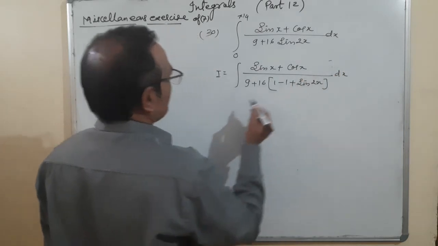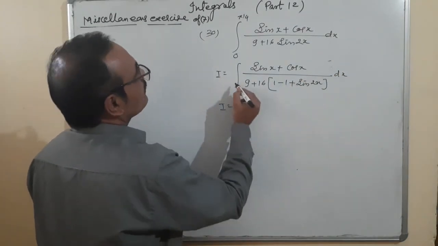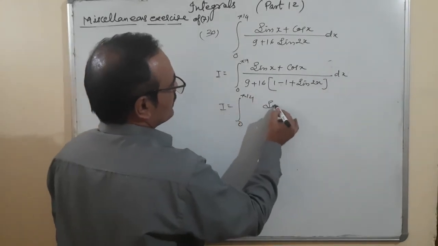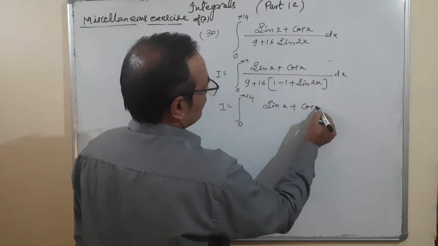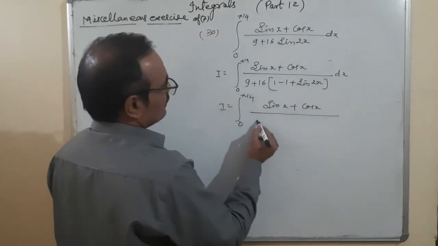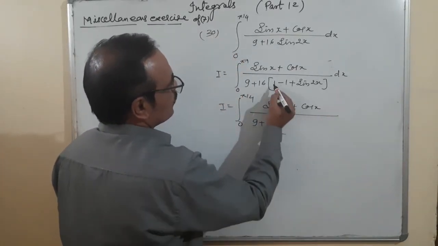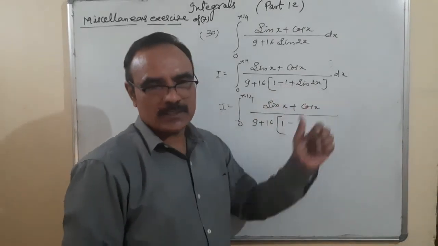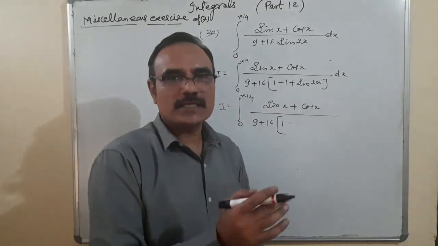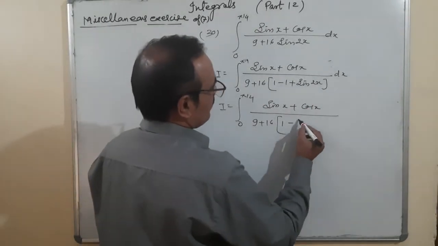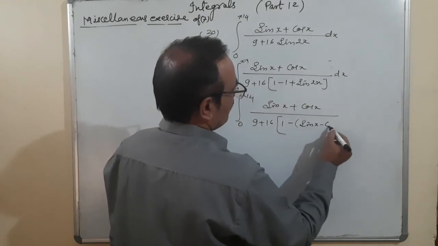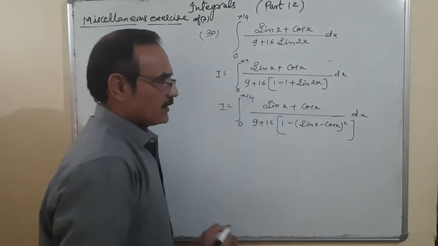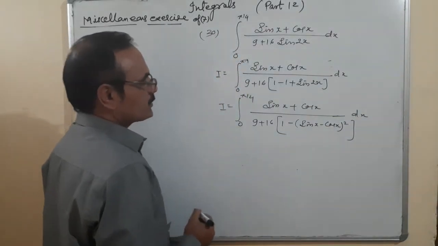I is equal to the limit 0 to pi by 4 of (sin x plus cos x) upon 9 plus 16 times (1 minus, taking minus sign common, 1 minus sin 2x), and 1 minus sin 2x can be directly written as (sin x minus cos x) whole square. Is that okay? I have explained this in the previous question, so I hope there's no problem.